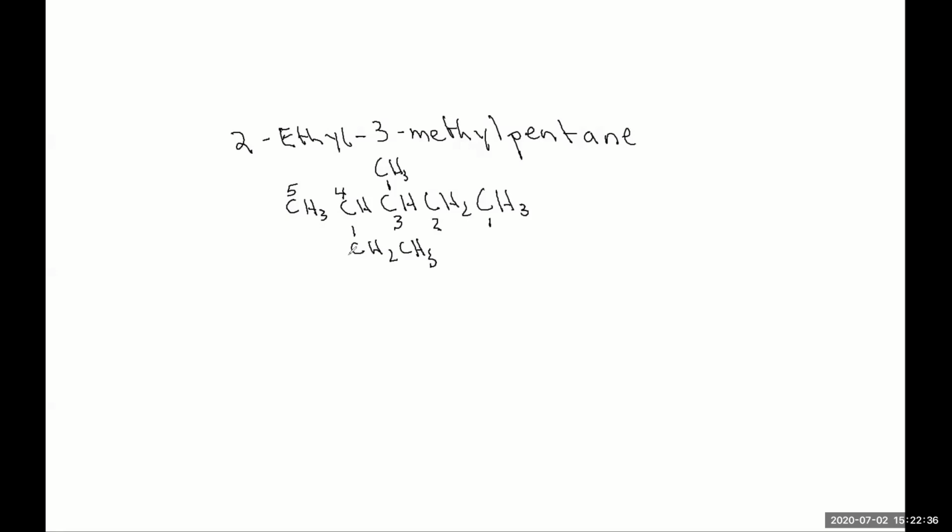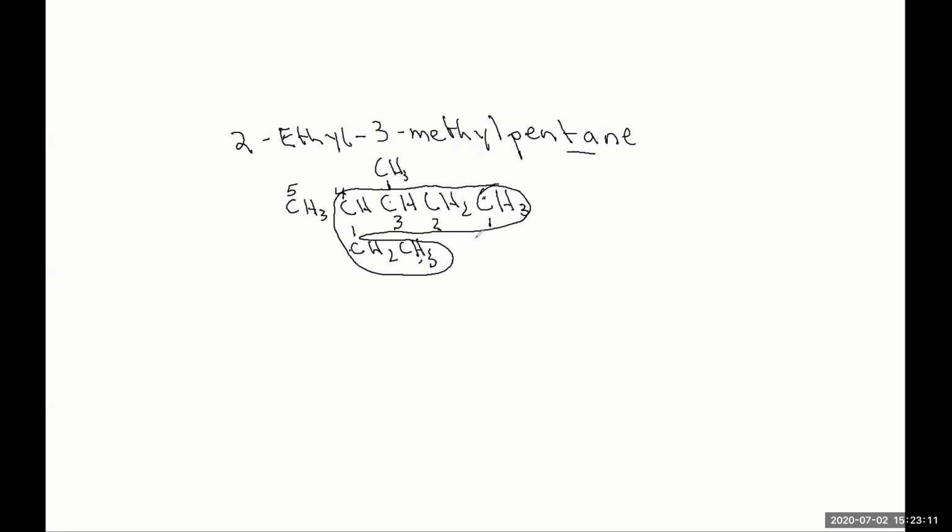Now it takes a little bit of examination, but we first look to see if we have the correct longest parent hydrocarbon, and if we count from number 1 here, 1, 2, 3, 4, 5, 6. So actually, we can find that the largest parent hydrocarbon is not pentane, but hexane with 6 carbon atoms.